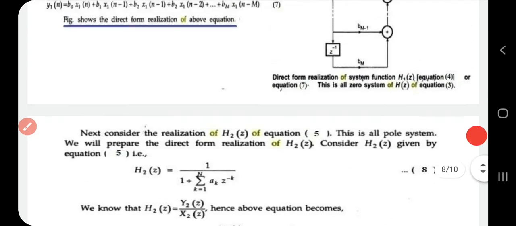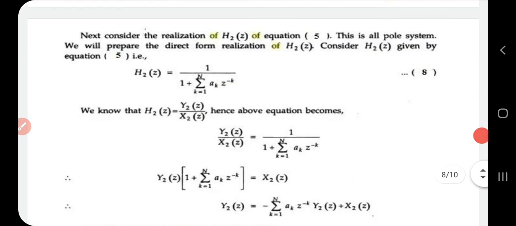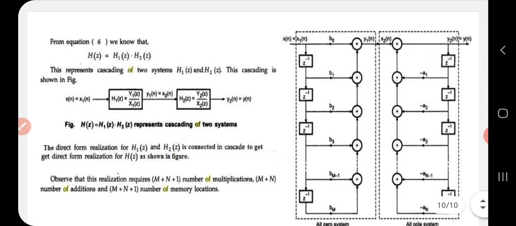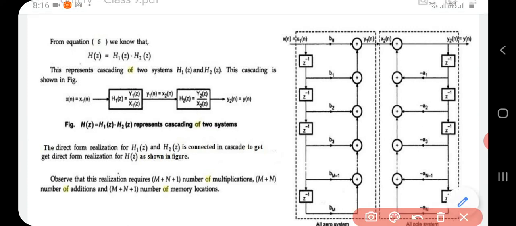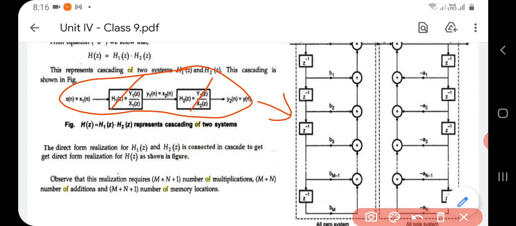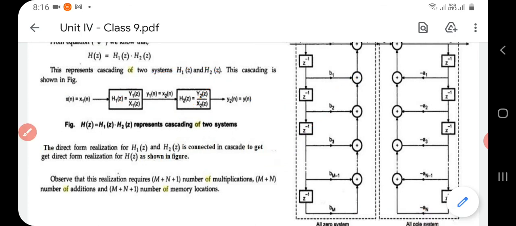So you have the realization of H1(z) and the figure for the realization of H2(z). Now if you want to get the final or overall realization, what do you have to do? You have to connect, join, or cascade H1(z) and H2(z) as a block diagram, and this is the figure. This is the overall direct form 1 realization.